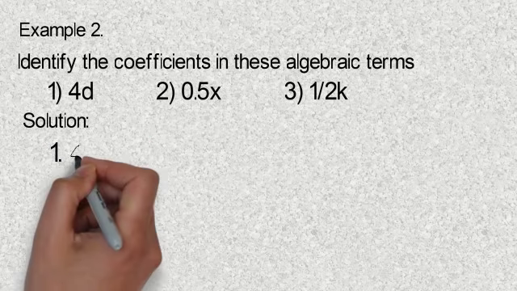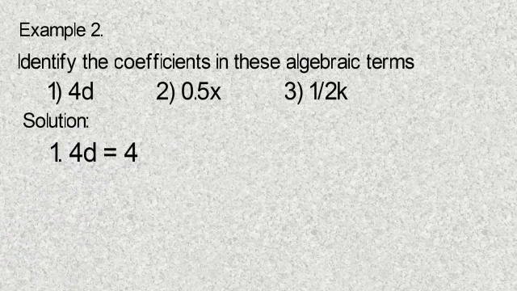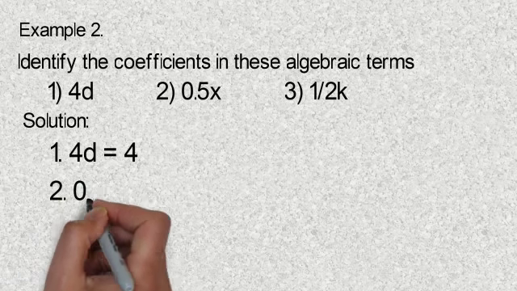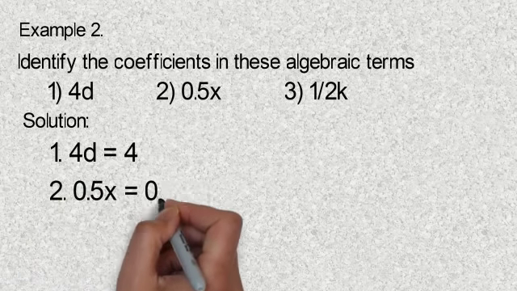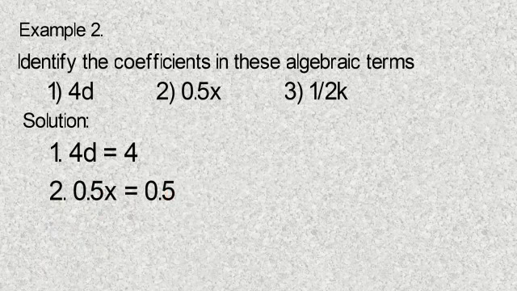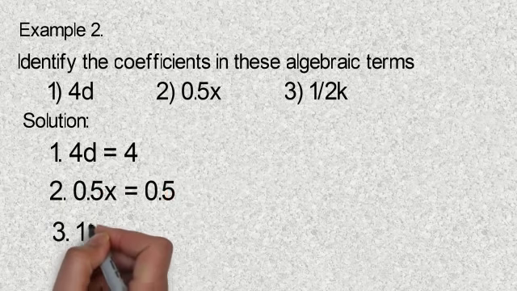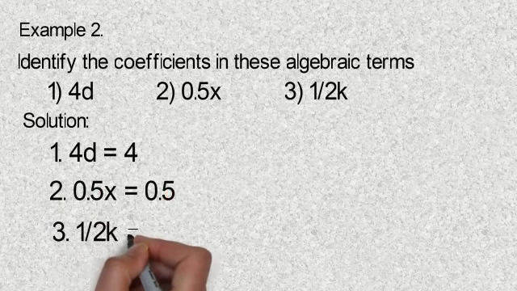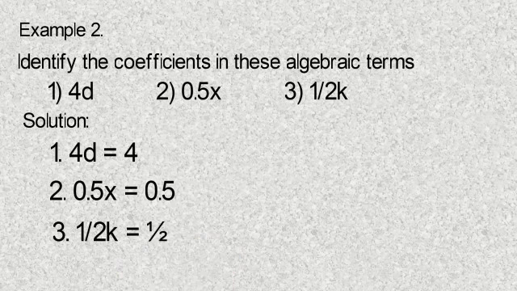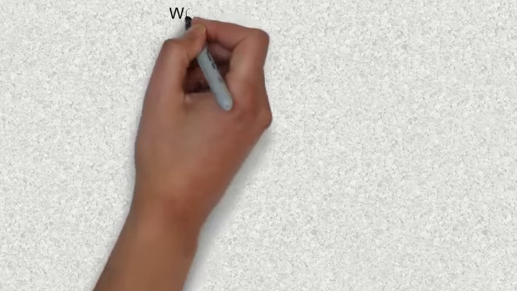The coefficient of 4d is 4 because it is multiplying the variable. Number 2, the coefficient of 0.5x is what? 0.5. And the coefficient of 1 over 2k is what? 1 over 2. Can you see? It is very, very simple and easy.